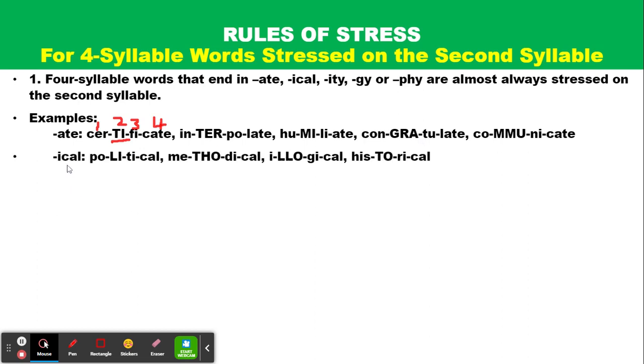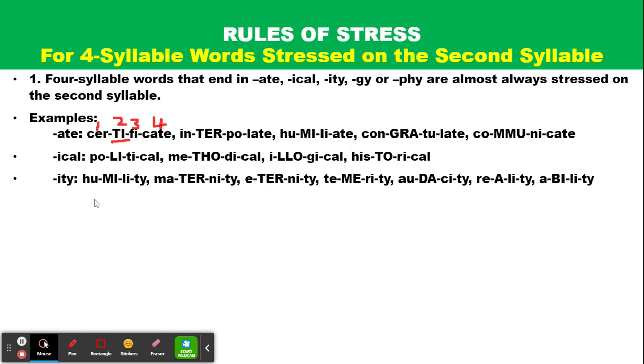Then words ending in ical, you have political, stress on the second syllable. Methodical, stress on the second syllable. Illogical, historical.